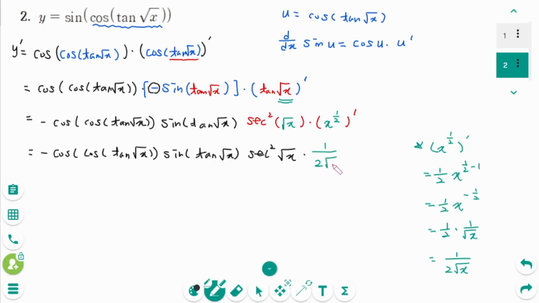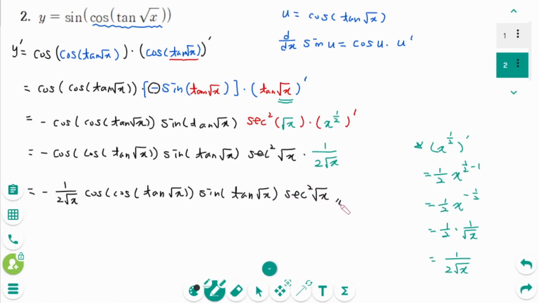The final answer is minus 1 over 2 square root of x times cosine of tangent of the square root of x times sine of tangent of the square root of x times secant squared of the square root of x.